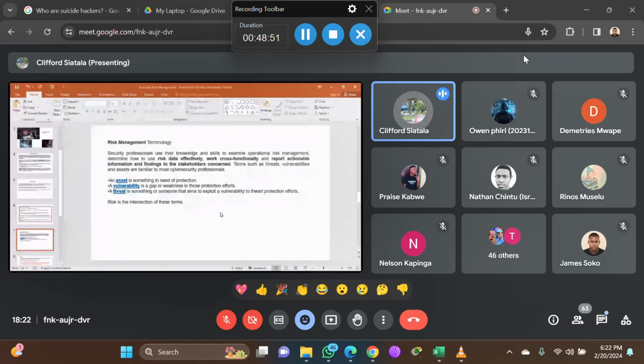So those are worth protection. Vulnerabilities existing in one of those are simply gaps and weaknesses, while a threat is something that can exploit the gap or the weakness or the vulnerability to compromise the assets.